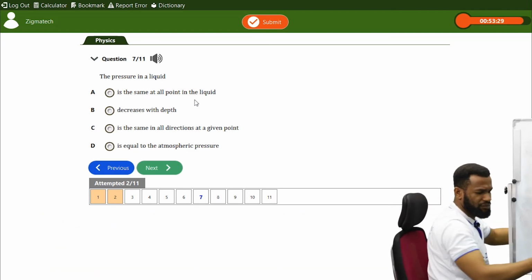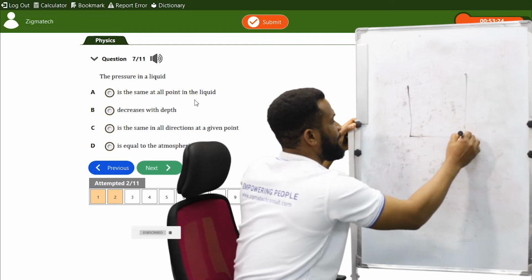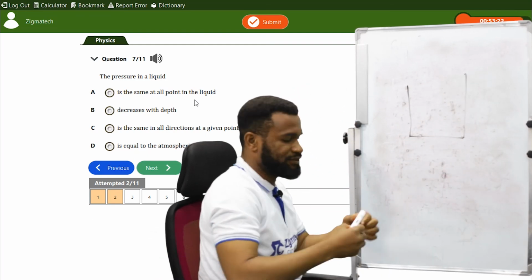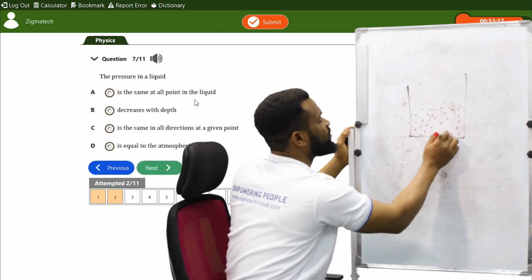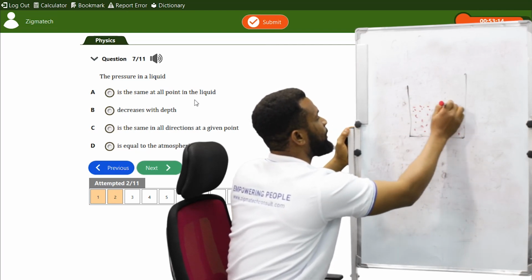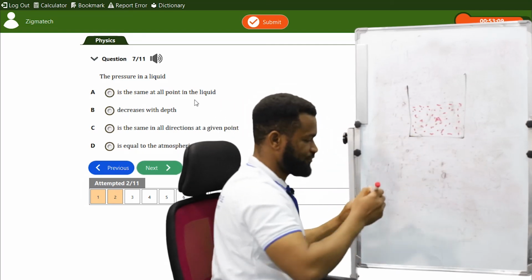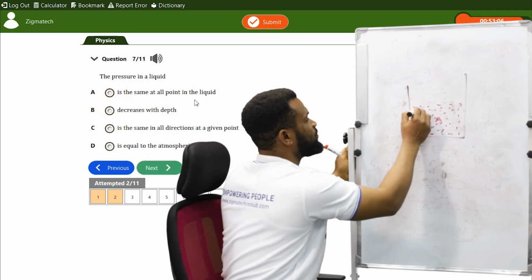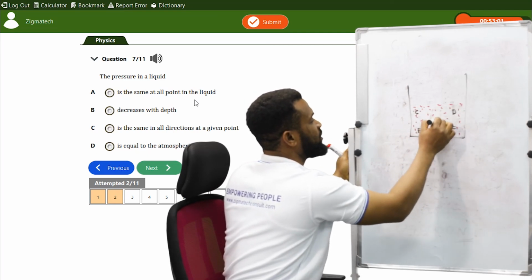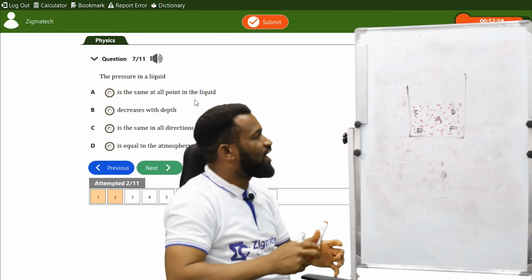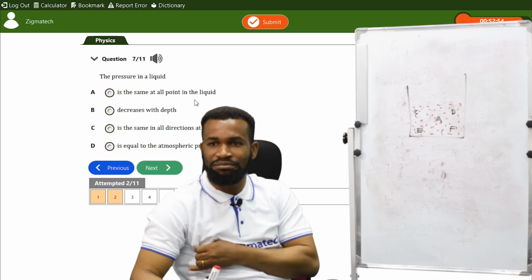What they are saying is this. Option A is saying that if this is a liquid vessel, then inside this is liquid. These are the points where the liquid is filled. Then, assuming I choose point A here, point C, point D, point E, point F, point A. Now the pressure at point C, point E, point A, point D, point F, that they are all the same.